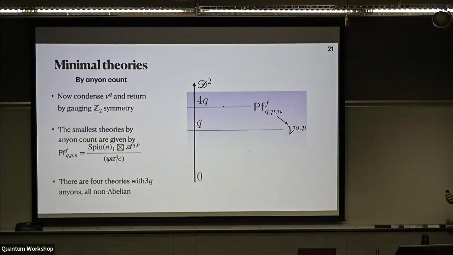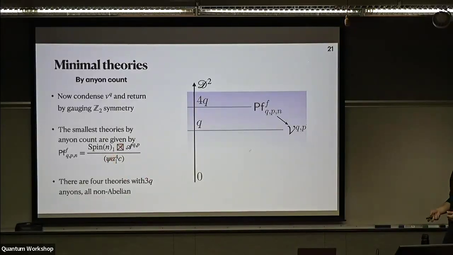I'm debating how much I should mention one-form symmetries, but the fact is that when I condense this order 2 boson, I leave a Z2 symmetry here. And to figure out the parent theories, I can gauge that symmetry. And then I rely on classification results of fermionic SPT. So by going backwards, I can find exactly the smallest theories by anyon number. There are 4 of them.